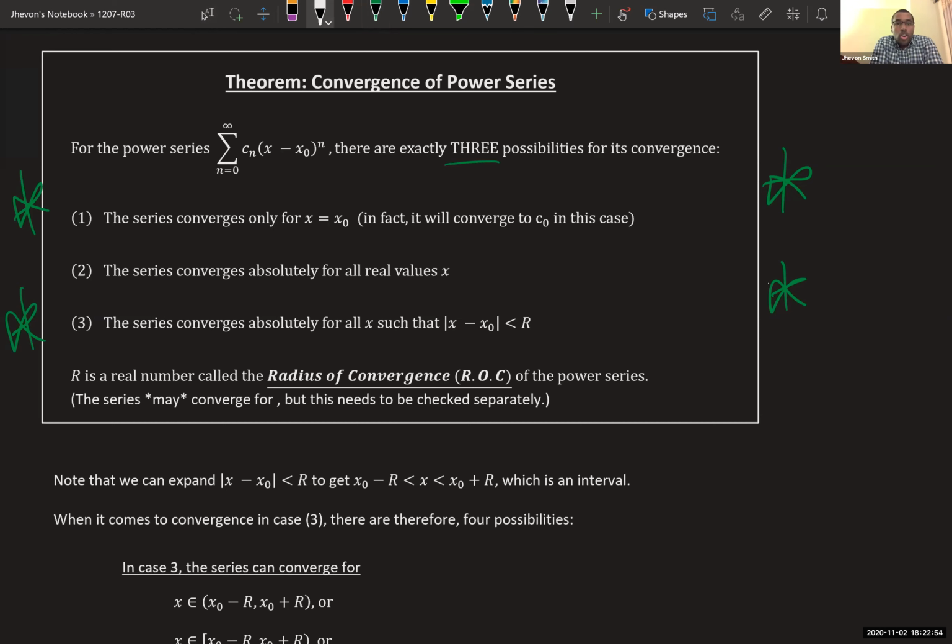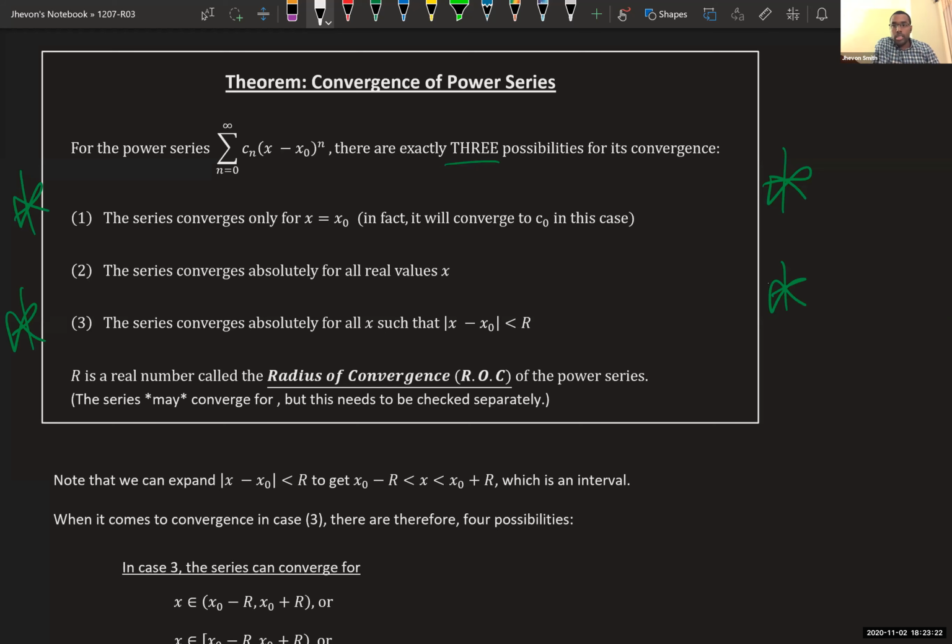It's going to converge only for the variable, if I input the variable x, right? It is going to converge only if my x equals the x naught, that same variable that we're centered around from the definition. So your series might only converge at that point, right? I'll talk about that later. So that's one possibility, okay?